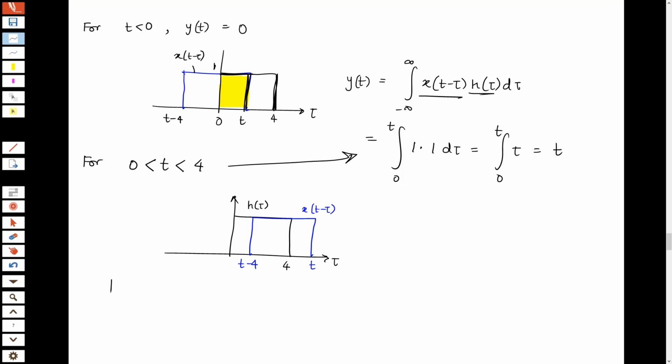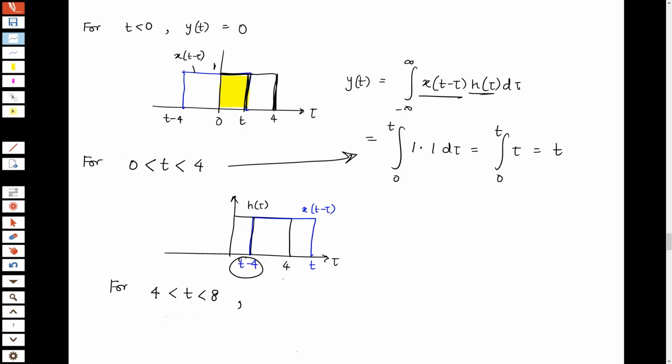This condition corresponds to t greater than 4, but t minus 4 is still less than 4, right? It means this trailing edge is still inside. So we can say t is greater than 4, but t minus 4 is still less than 4, which means t is still less than 8. So t is between 4 and 8.